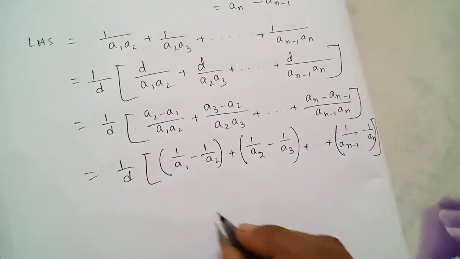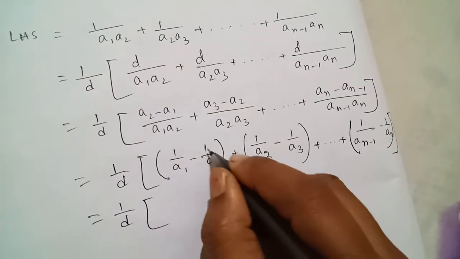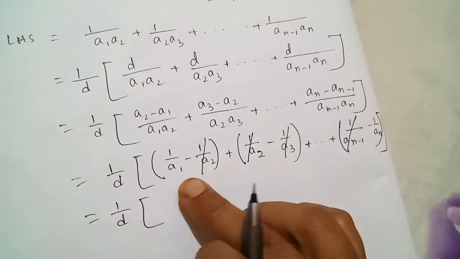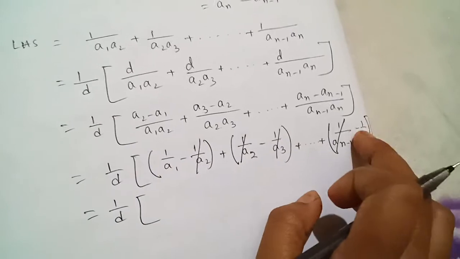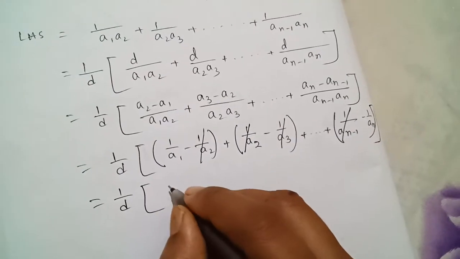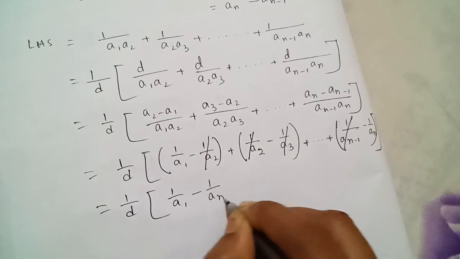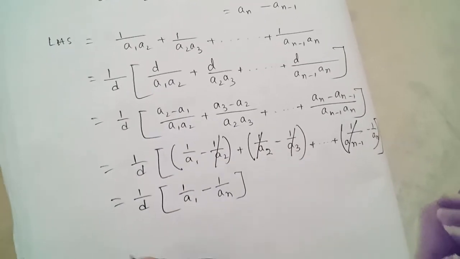Okay, this will be the final one. So it's 1 by d divided by, look, this middle part will be cancelled out, right? What will be left? 1 by a1 minus 1 by an. We will be left with these two only.